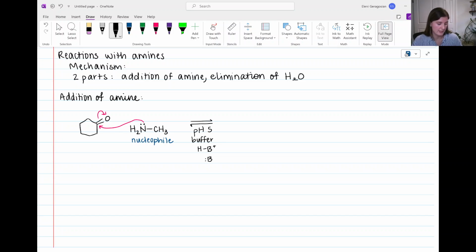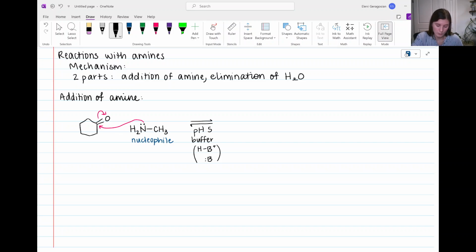We'll use them as needed. We actually don't need them in this very next step, but we will when we do the loss of water. So we'll say we have HB as the acid and then B with electrons as the base. And I'll be explicit here, the B does not represent boron. I just chose a B for base. You could make that an A for acid if that is less confusing.